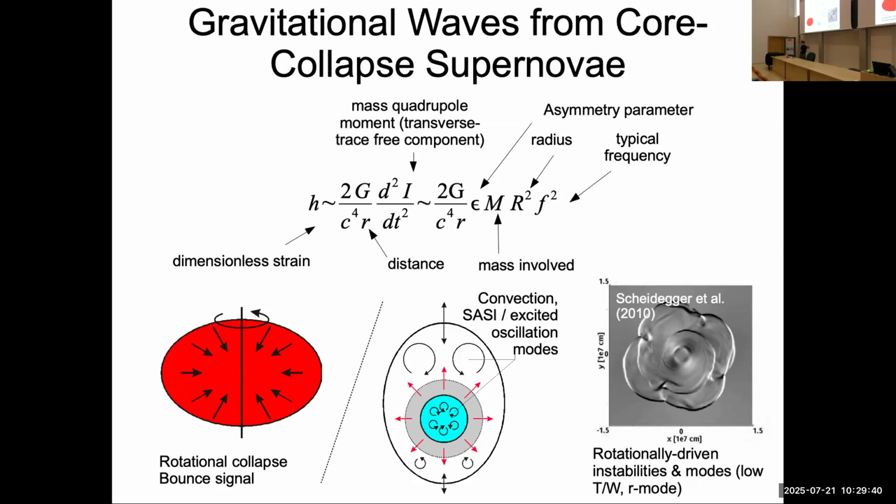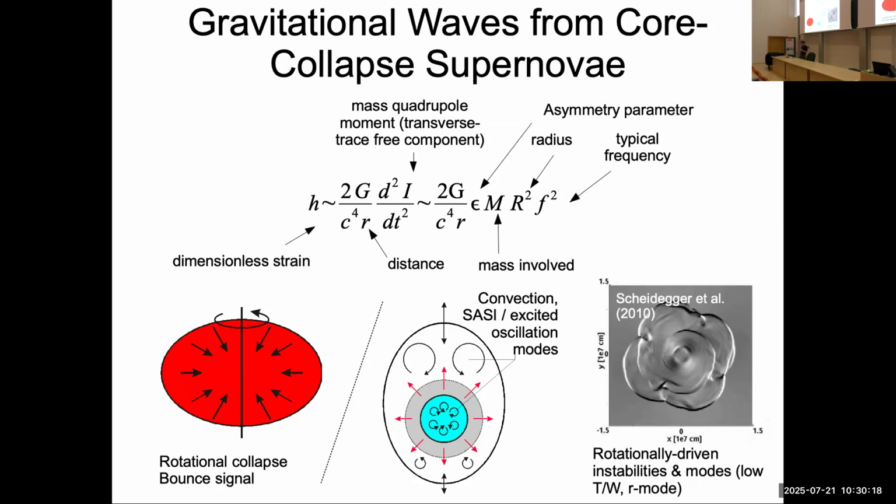I will divide the kinds of phenomena that make gravitational waves basically into two classes. There's something else that will be tagged on at the end, which is related to the neutrinos. The oldest scenario, and perhaps the one that has been investigated the most thoroughly, is that your star already has a global deformation imprinted on it because it's rotating, and you deform it due to the centrifugal forces.